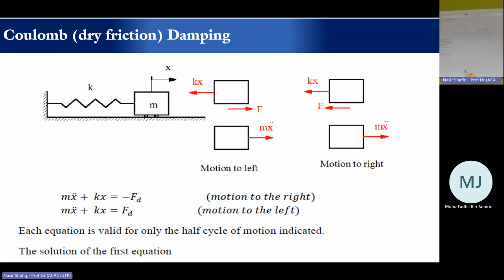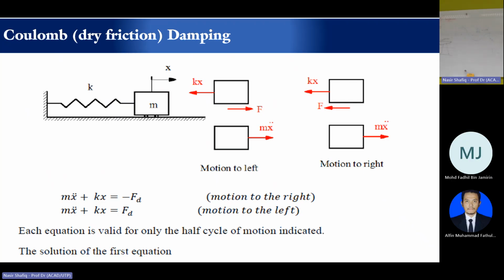Because friction will be in the opposite direction. Friction in this, and motion to the left, so Fd will be in the opposite direction, right? Because when it is going in this direction, motion right, the friction will be in the opposite direction, because friction force will oppose it. So when this mass is moving right, friction will be left.